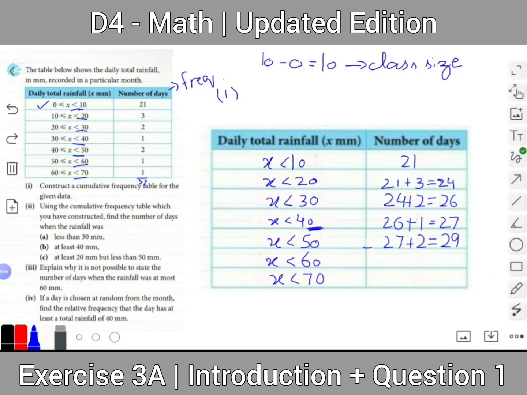Similarly, if we want to get the cumulative frequency till 60, then it would be everything from 0 to 60, and for this we will add 1 into the previous total of the frequencies and it will give us 30.